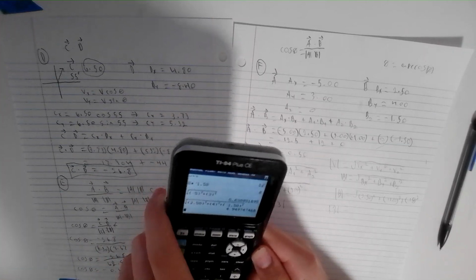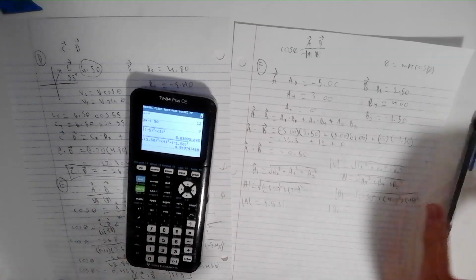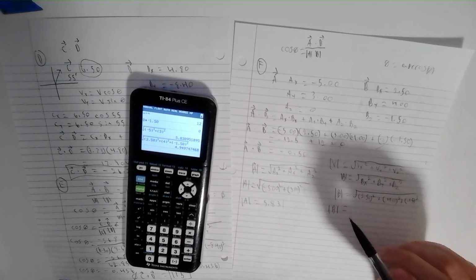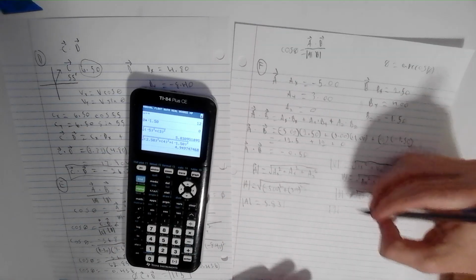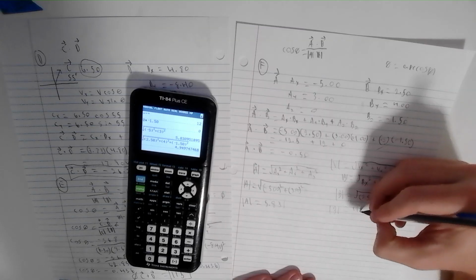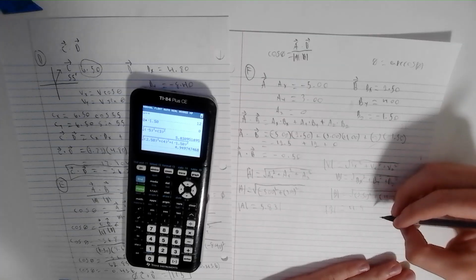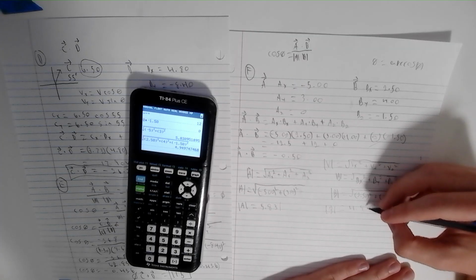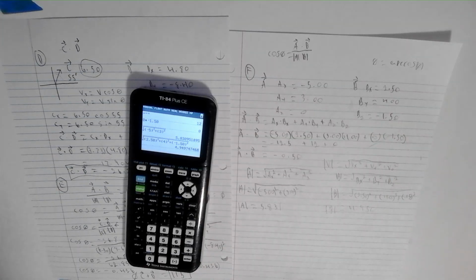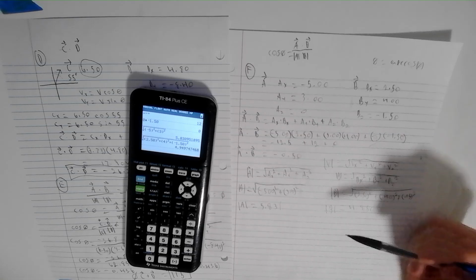We get 4.949, and that could really be rounded to 4.950. Okay, so we got the magnitude of A, magnitude of B.